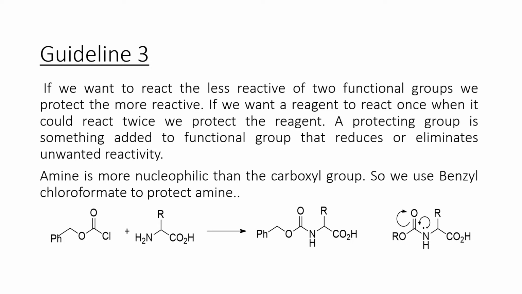As in guideline 1 and 2, in 1 there were two different functional groups, and this amino acid is going to present that example कि अगर हमारे पास दो डिफरेंट फंक्शनल ग्रुप्स ऑफ डिफरेंट रिएक्टिविटी के फंक्शनल ग्रुप्स हैं, उनमें से हमें मोर रिएक्टिव फंक्शनल ग्रुप को रिएक्ट नहीं करवाना, हमें लेस रिएक्टिव फंक्शनल ग्रुप को रिएक्ट करवाना है, तो उस केस में हम क्या करेंगे? उस केस में हम जो मोर रिएक्टिव फंक्शनल ग्रुप है उसको प्रोटेक्ट करवाएंगे विद सम प्रोटेक्टिंग ग्रुप, एंड द फर्स्ट प्रोडक्ट जो बनेगी वो फर्स्ट प्रोडक्ट विल रिएक्ट विद द desired reagent.